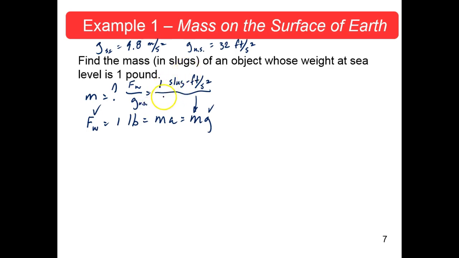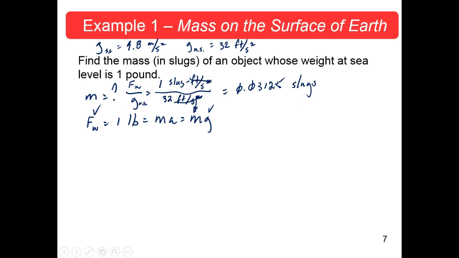So this will be divided by 32 feet per second squared. Notice how the units cancel out, and this leaves the slugs. So 1 divided by 32. Anyone want to punch that in and see what you get? 0.03125. Okay. And that would be in slugs.